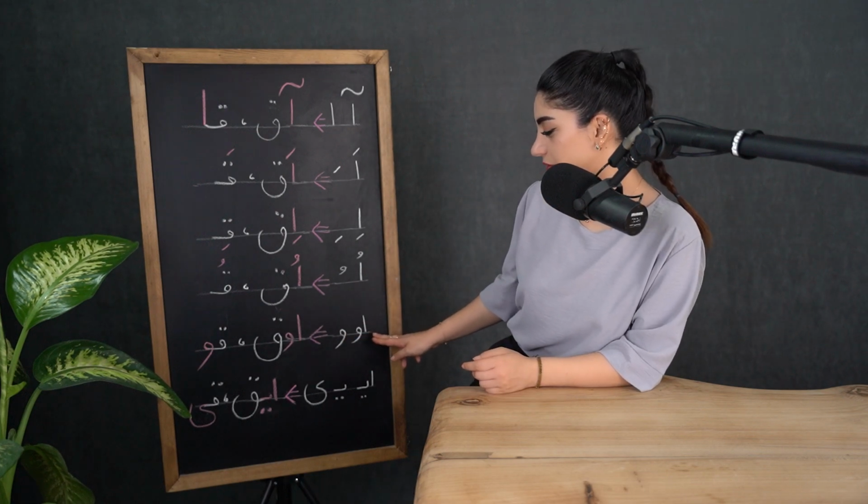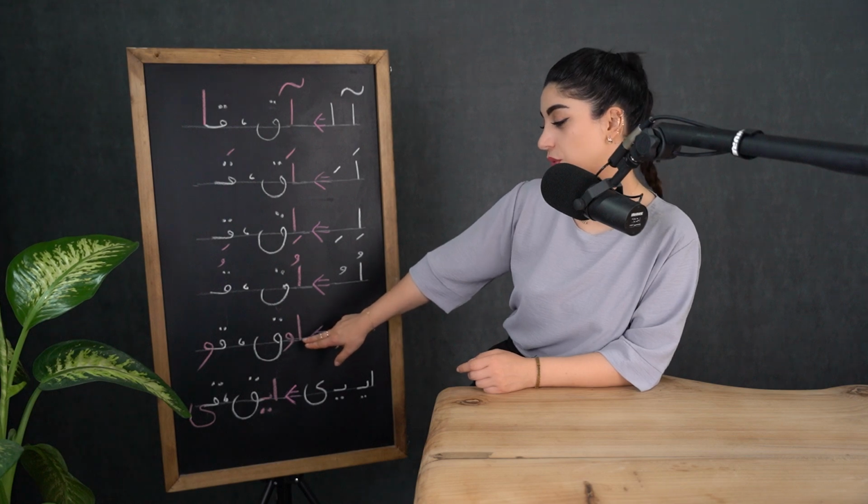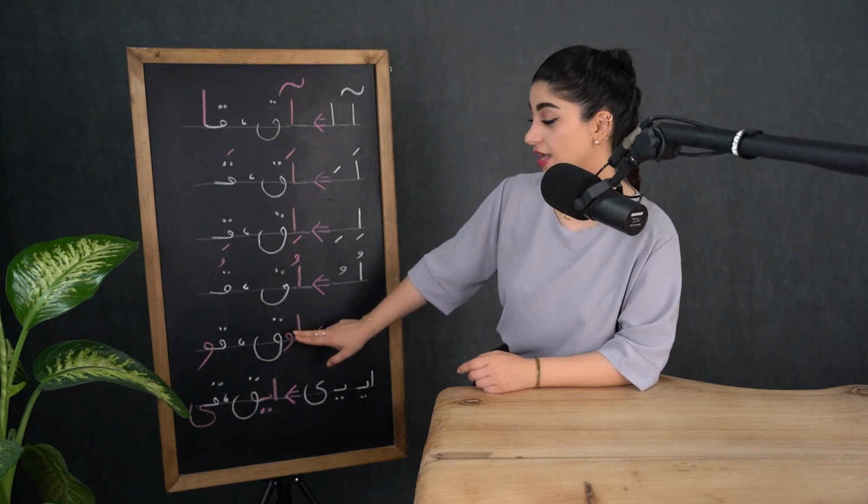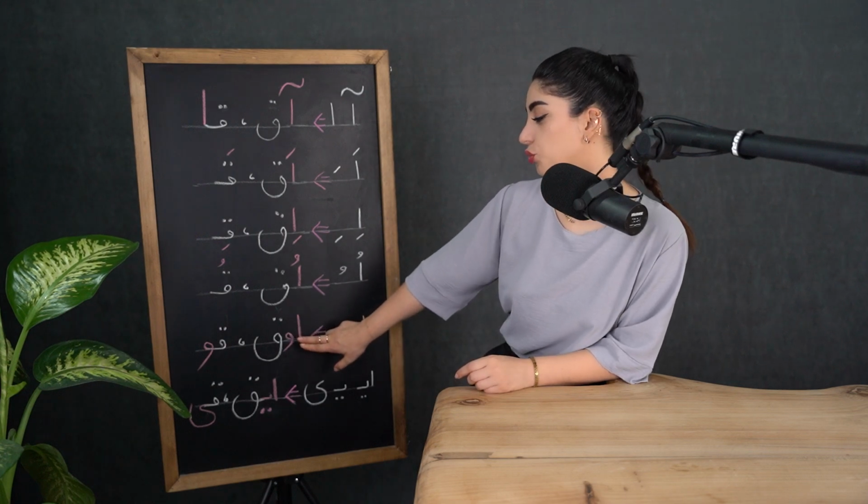Look at this one. Oo. Oo comes right here at the beginning, and then I have q. Oo, q. Together, oo, q.